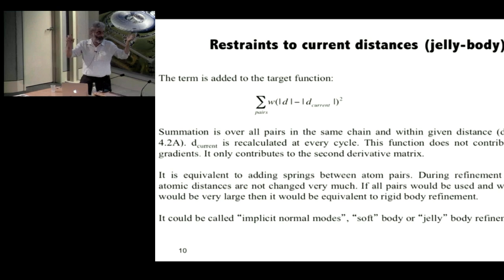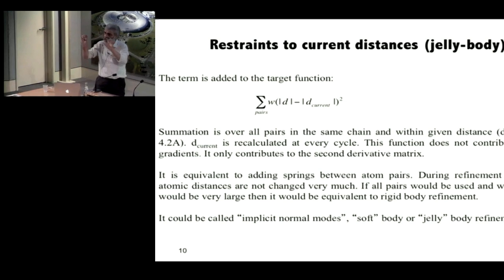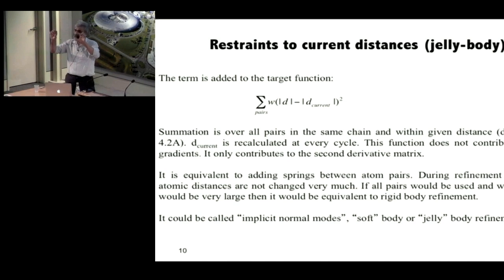And what does that mean in terms of mathematics or in terms of chemistry? How can you describe local conformation? Local conformation can be described by pairwise interatomic distances. And what we do is that we try to keep pairwise interatomic distances as close as possible to the starting conformation.